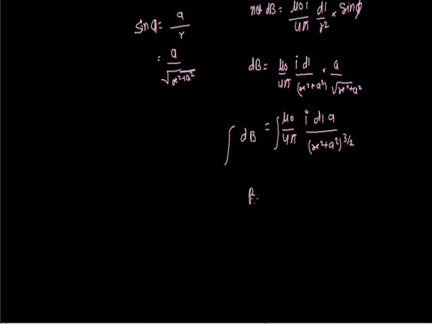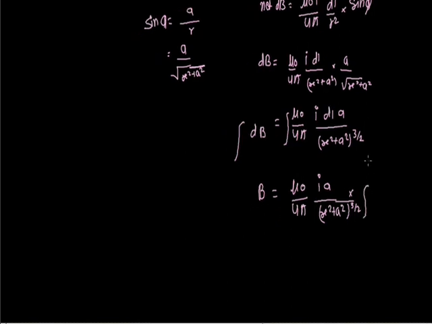Integration of dB is B, equal to mu naught upon 4 pi, I a upon x square plus a square to the power 3 by 2, into the integration of dl.